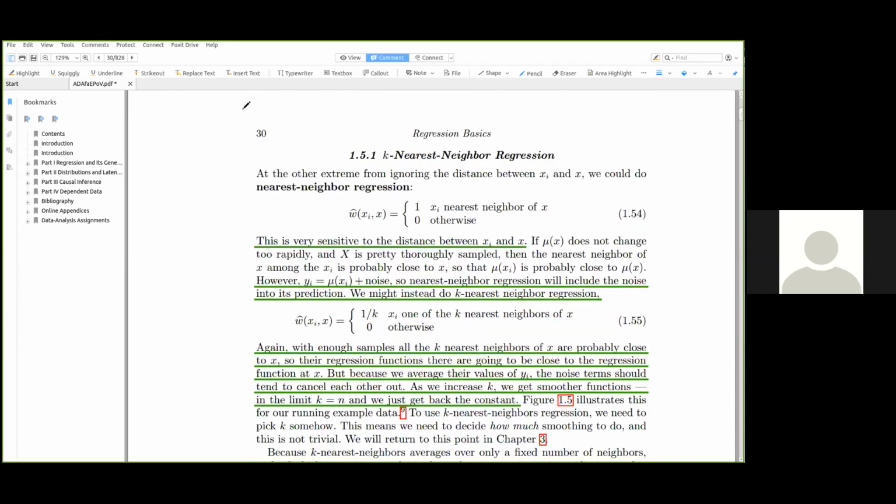In that case, if these are my points and I want to calculate the value of y at this particular point, then I'll only consider the closest point, which is this one. I'll assign a weight of 1 to it, and for all the other points I'll assign a weight of 0. So basically the y at this point will be equal to the y at point 2.